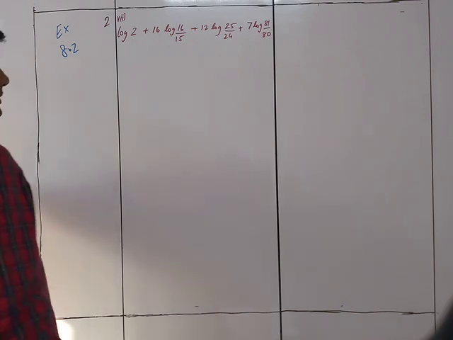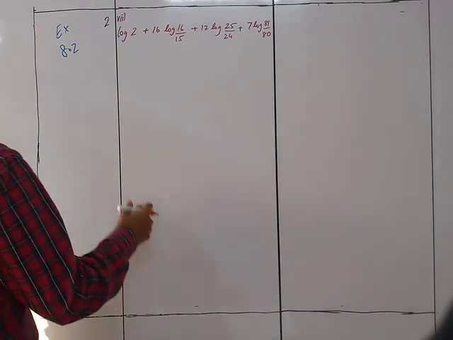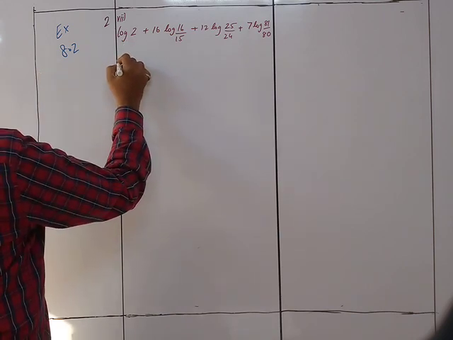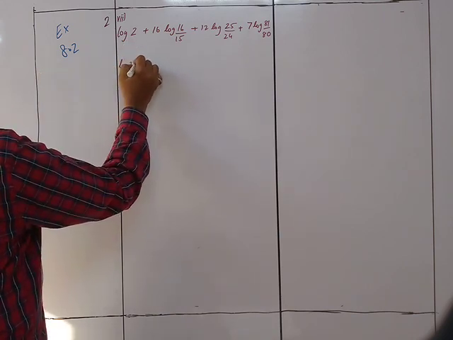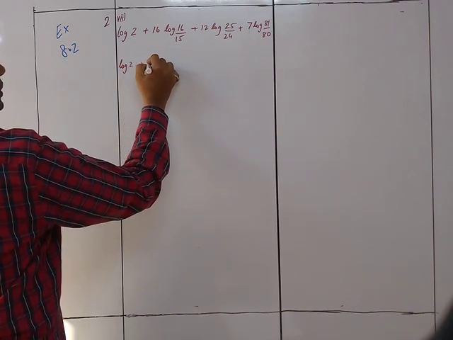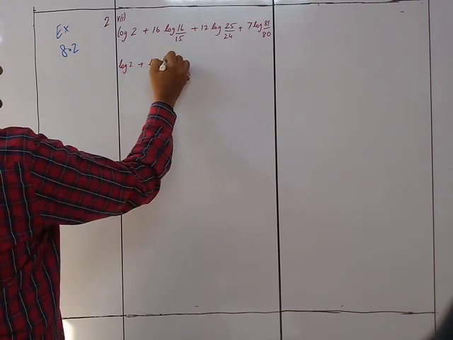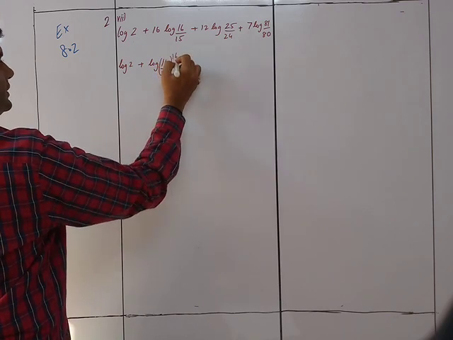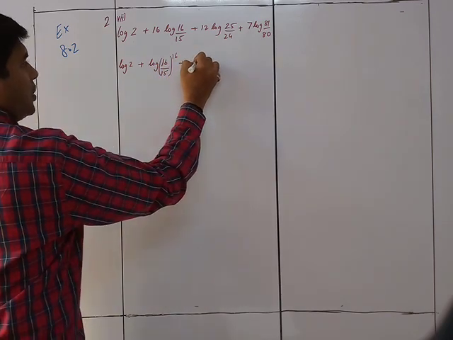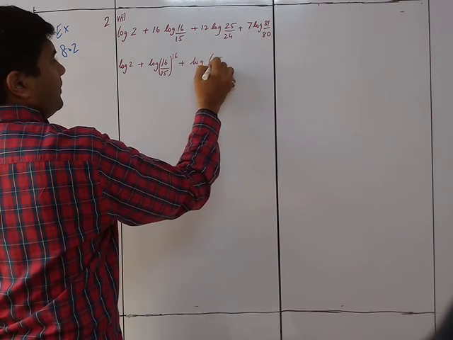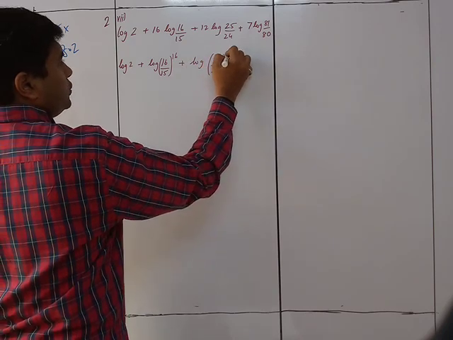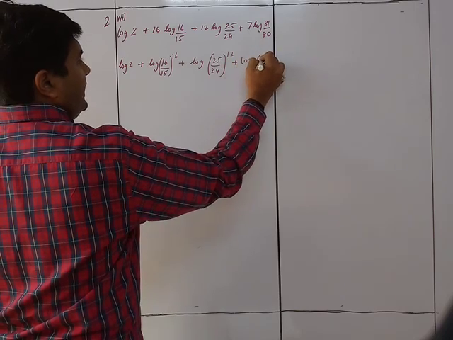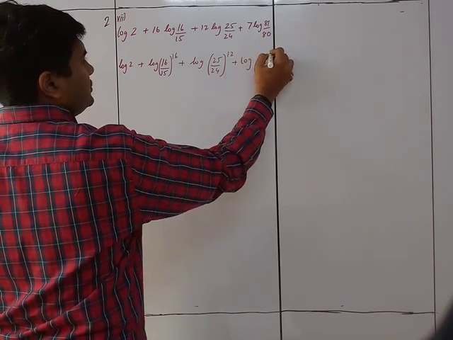Okay. So this is log of 2 plus log of 16 upon 15 the whole raised to 16 plus log of 25 upon 24 the whole raised to 12 plus log of 81 upon 80 the whole raised to 7.